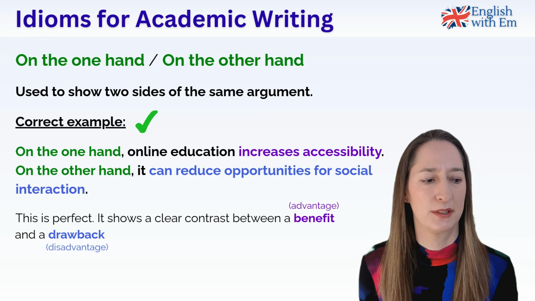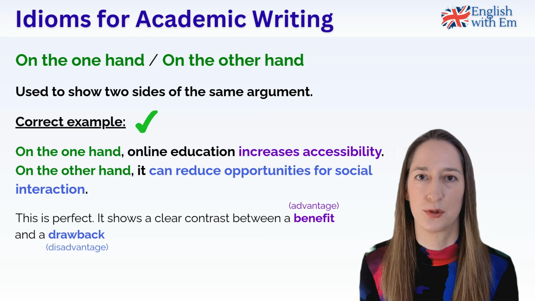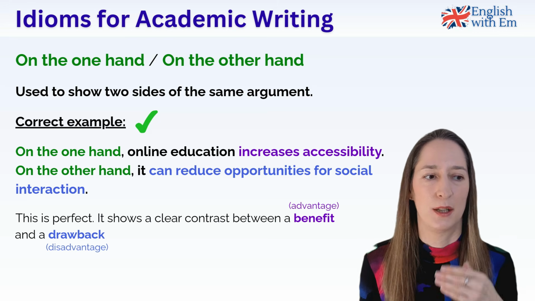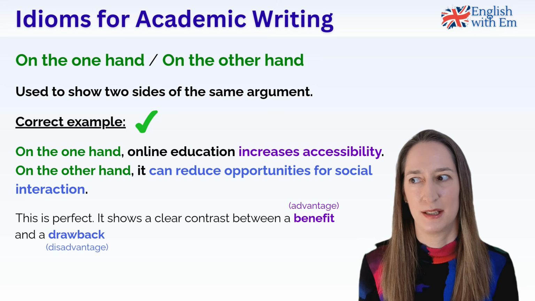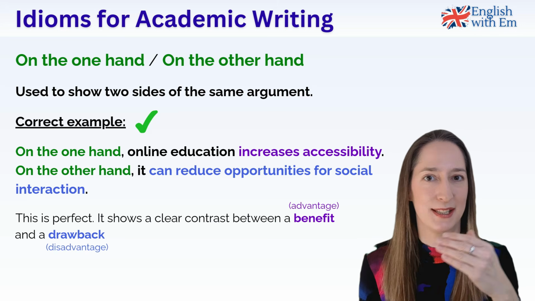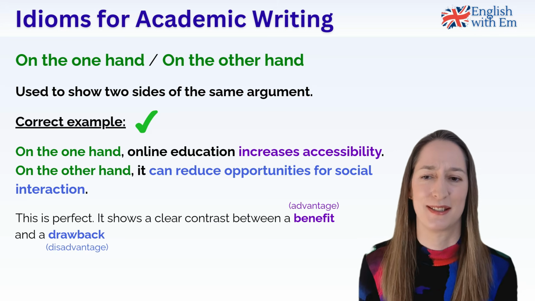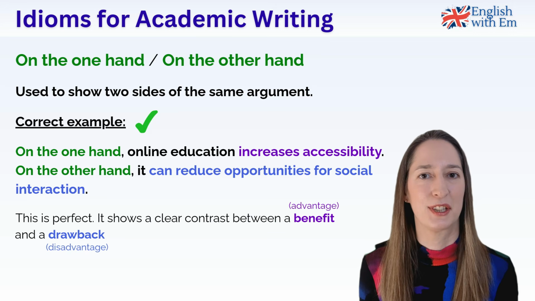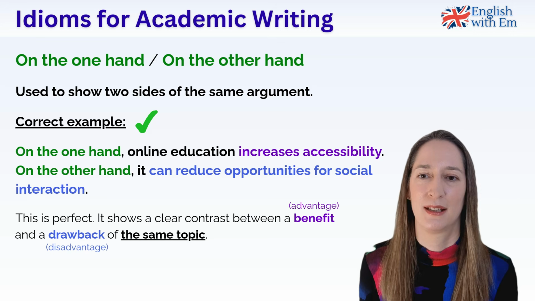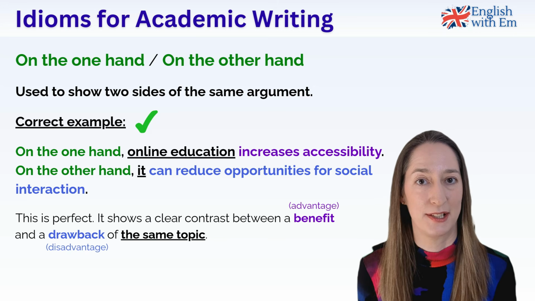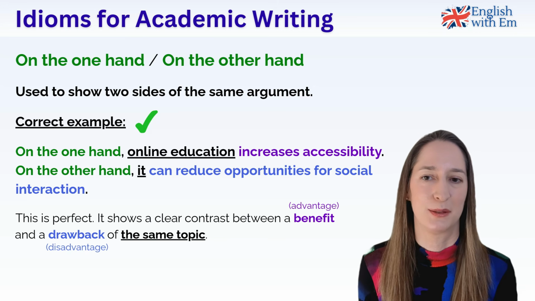And this is the most common way that we use this structure, to compare a positive and a negative side of something. And it could be negative then positive. The order doesn't matter. The important thing is that we're talking about the same topic, in this case, online education. And we use the pronoun it to avoid repetition.